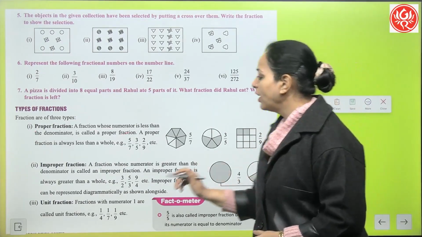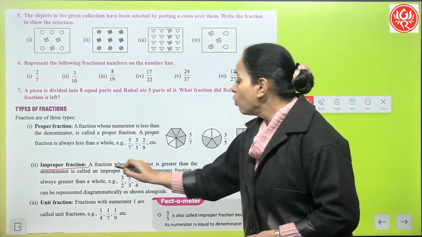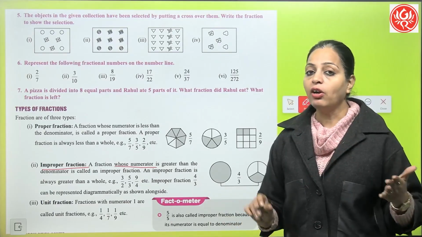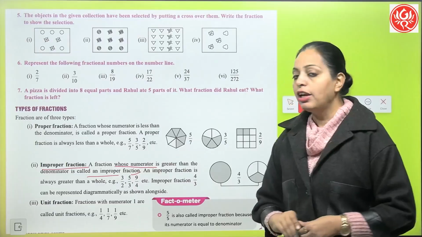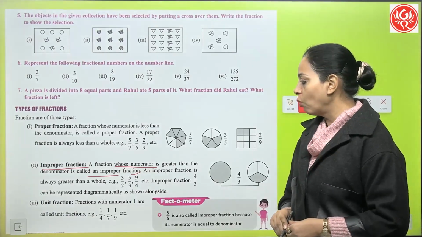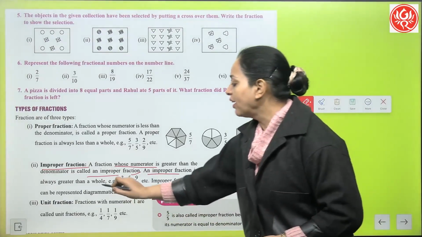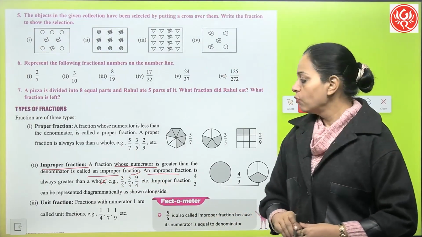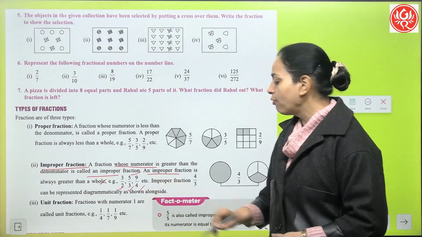Now the second one is improper fraction. A fraction whose numerator is greater than or equal to the denominator is an improper fraction. Okay? An improper fraction is always greater than or equal to a whole. For example, 3 by 2, 5 by 3, 9 by 4.